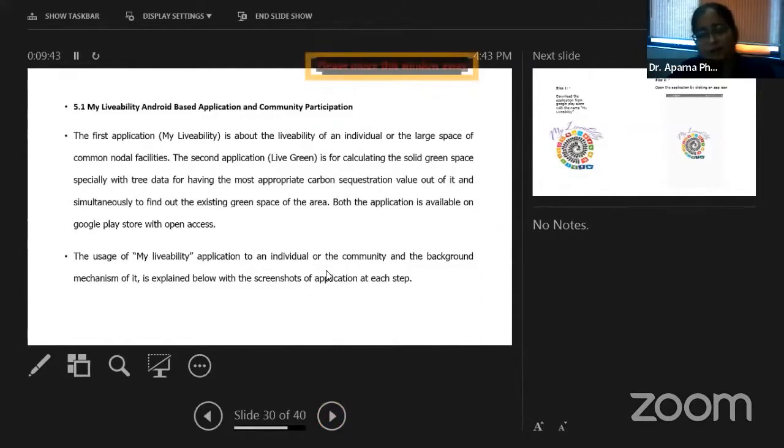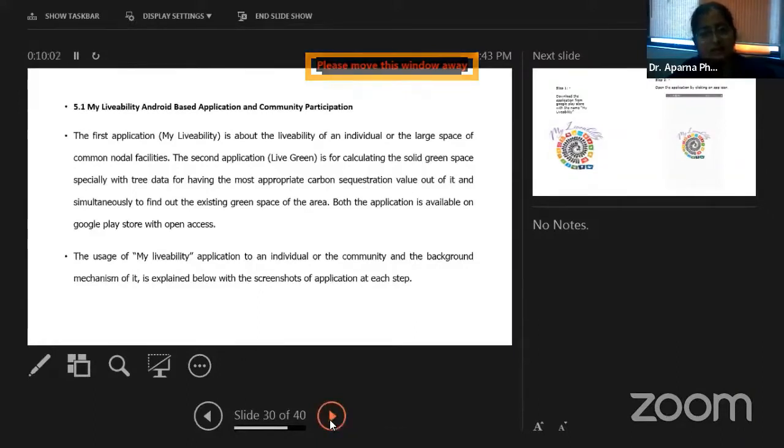This will allow the communities and the local planners to emerge with a kind of data set, and such data sets can be given to the local bodies and they can work on those data sets, and they can try to emerge with better planning.